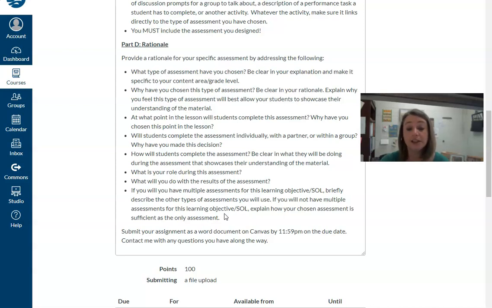As you've done the research and as you've been in the classroom, you really need to be thinking about the best way to find out what they know. And sometimes it is not a test. That's really what the majority of this module is about: designing the lesson plans and then aligning an assessment that goes along with it.